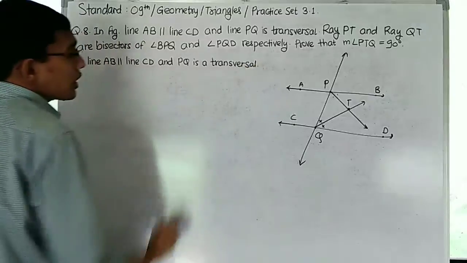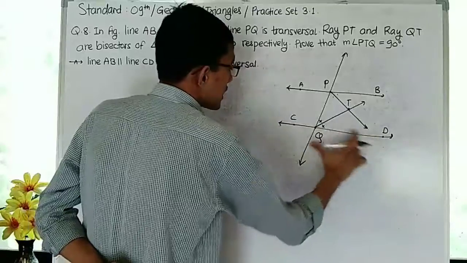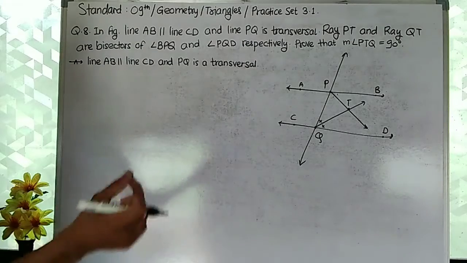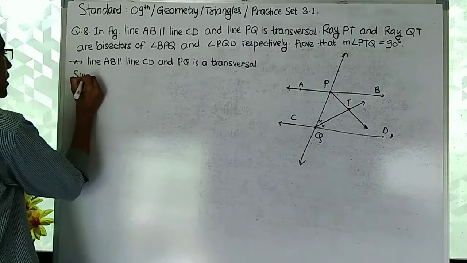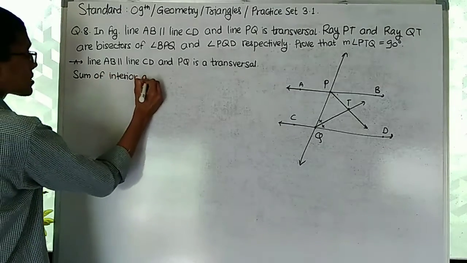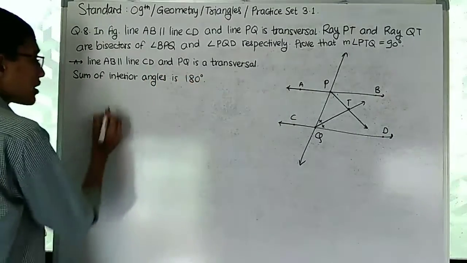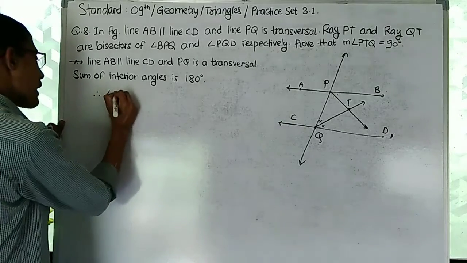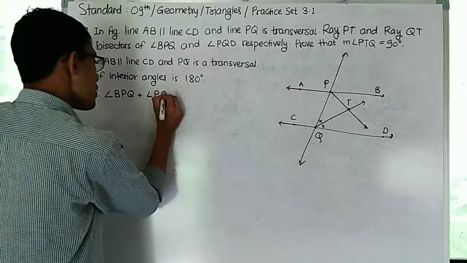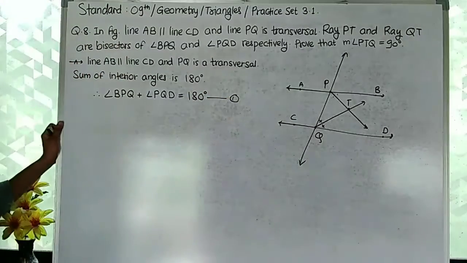Now we know that angle BPQ and angle PQD, that is this angle and this angle, are both interior angles, and as we have studied, the sum of interior angles is 180 degrees. Therefore I can write angle BPQ plus angle PQD is equal to 180 degrees. This is my equation number 1.